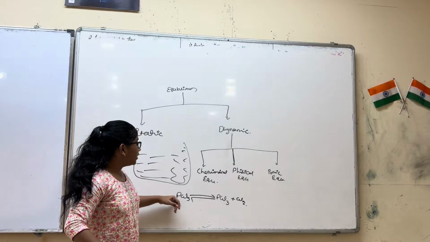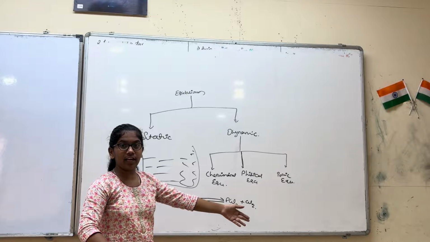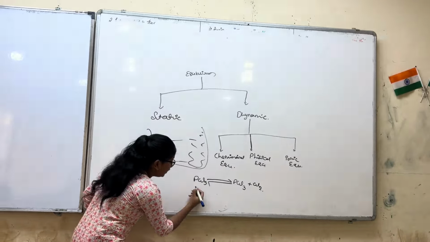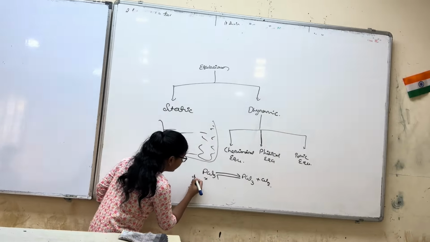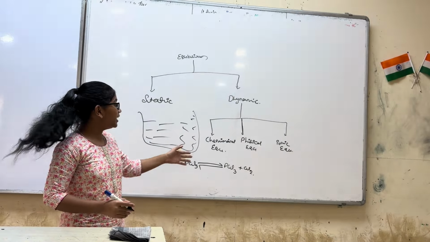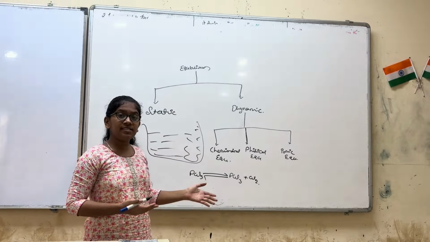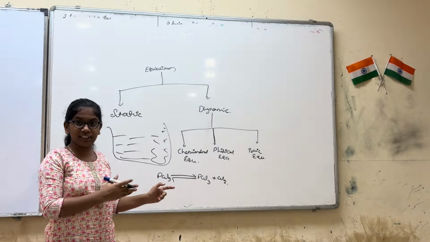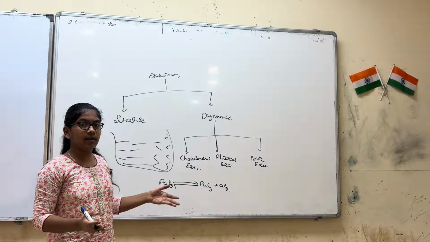Here the chemical reaction changes, so chemical equilibrium means initially there are x moles. Chemical equilibrium is a type of dynamic equilibrium. It takes place between two chemical compounds.